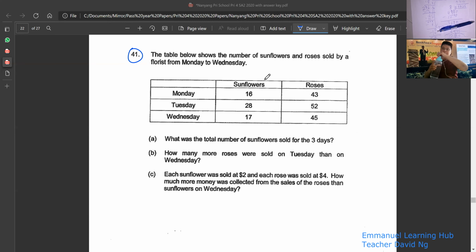You're here, right? Yeah. You don't mute yourself. Okay, 41.